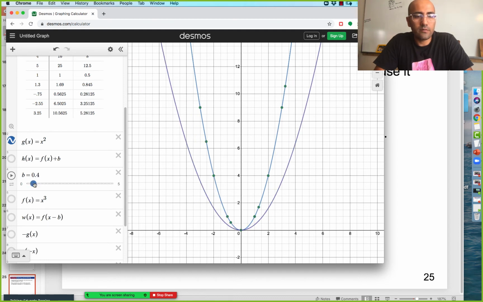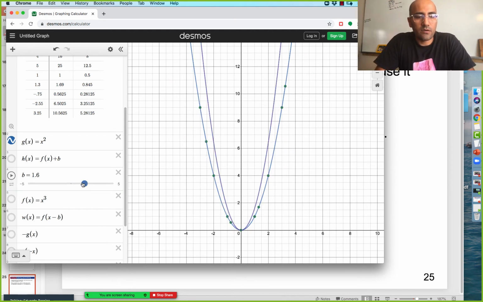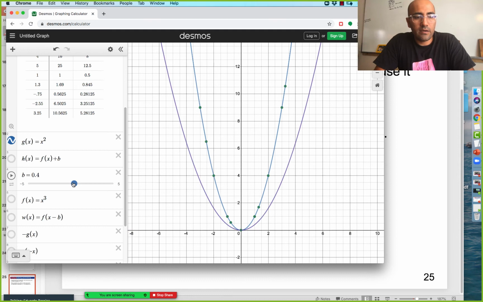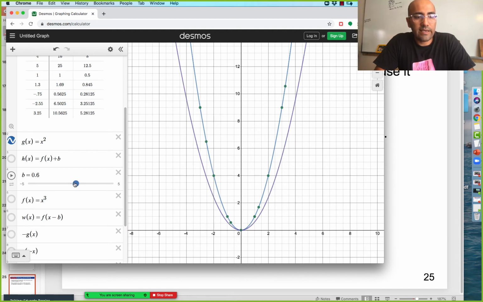Wider and wider. Okay, and then of course if b becomes negative, then we also have the reflection about the x-axis. So this can go from negative 5 by 2. If we multiply by a constant bigger than 1, it gets skinnier. Equal to 1, we get the exact same function. If we multiply by a value between 0 and 1, it gets wider and wider until we get to 0.